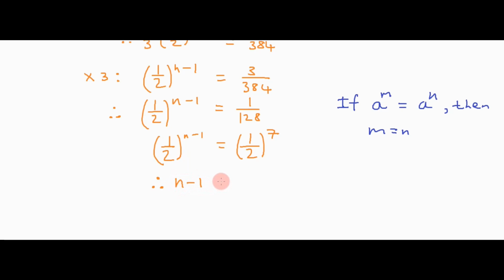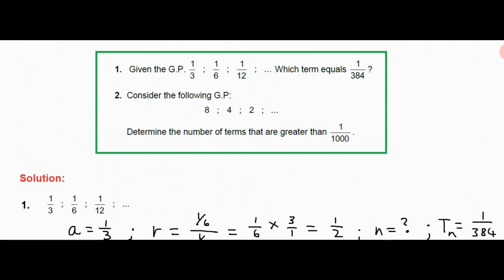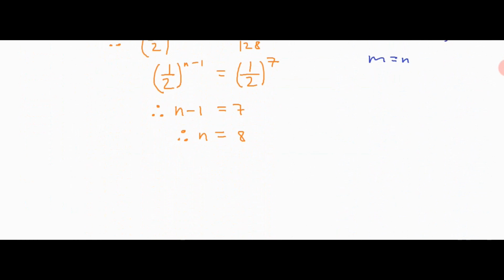So n minus 1 must equal 7, and hence n will equal 8. Now, just to go back to the question, it said, which term equals 1 over 384? We saw that n is equal to 8, so that means that the 8th term, t sub 8, equals 1 over 384.